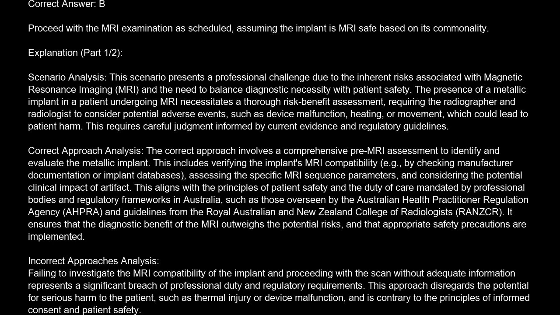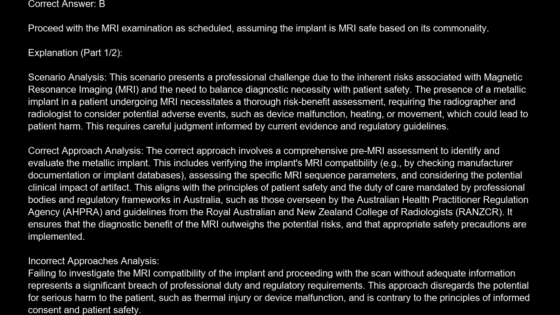The correct approach involves a comprehensive pre-MRI assessment to identify and evaluate the metallic implant. This includes verifying the implant's MRI compatibility, e.g., by checking manufacturer documentation or implant databases, assessing the specific MRI sequence parameters, and considering the potential clinical impact of artifact.